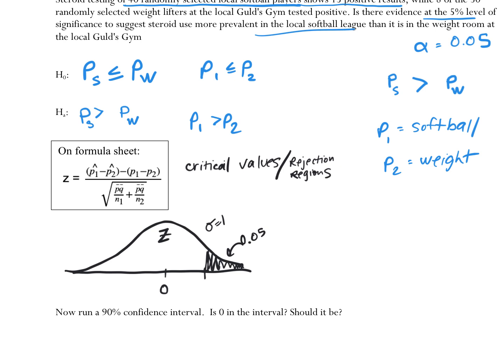What are we getting? 1.645. We should be getting 1.645.